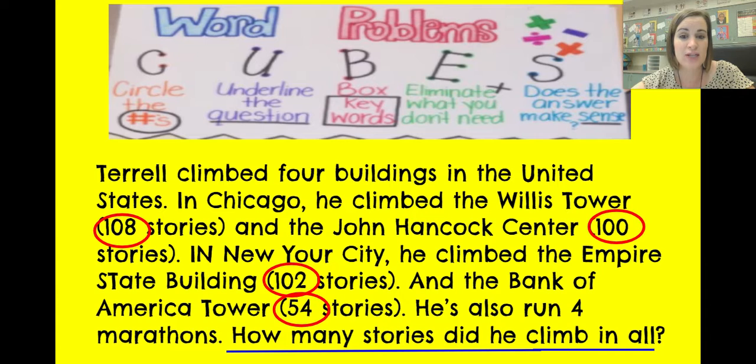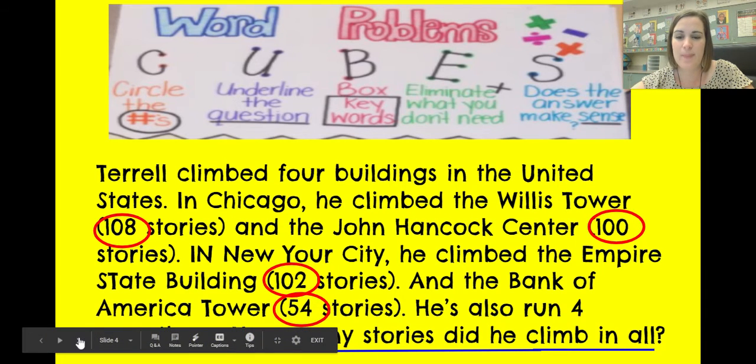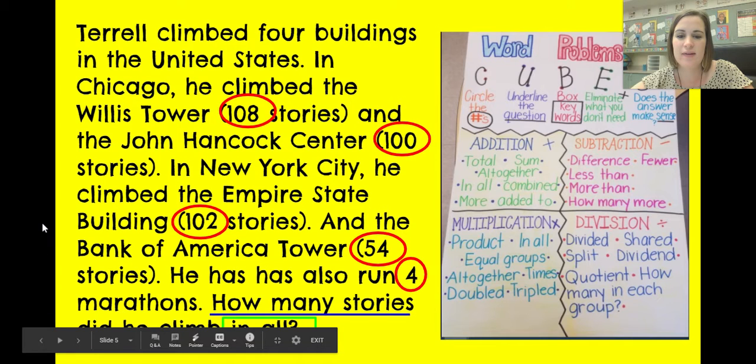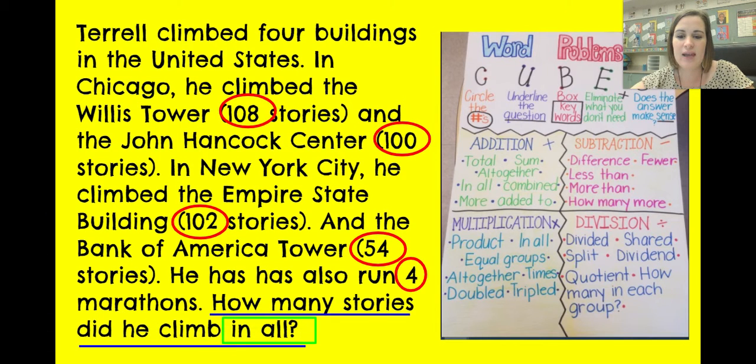So that's what we're trying to find. Next is B, we're going to box the key words. I see the words "in all." And if I look back to my chart, that is addition. So this word problem wants us to add.